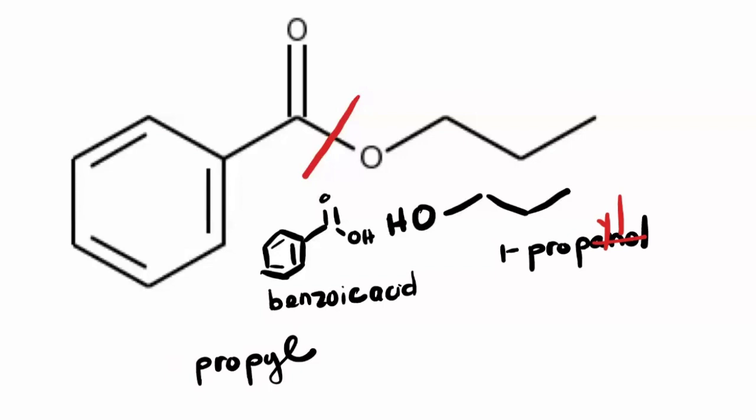And then the benzoic acid, I'm going to replace specifically the ic acid with ATE. So the second word for naming this ester is going to be benzoate. And that's how you name esters.